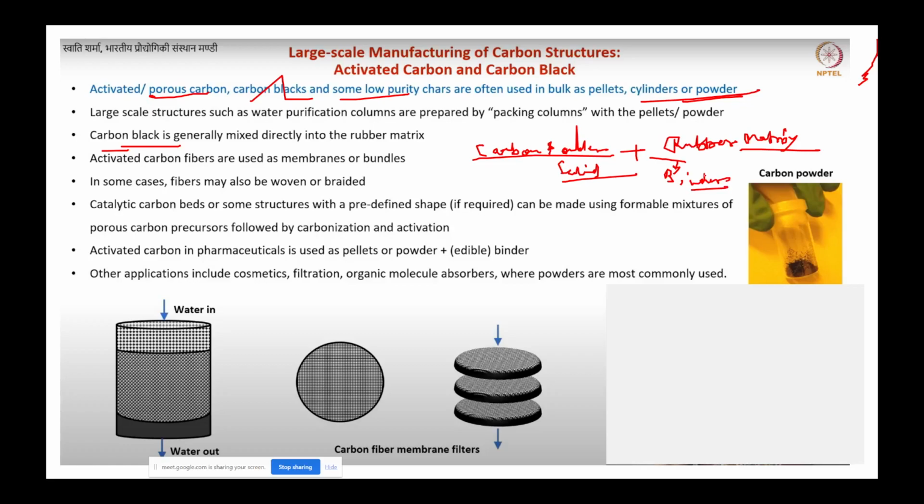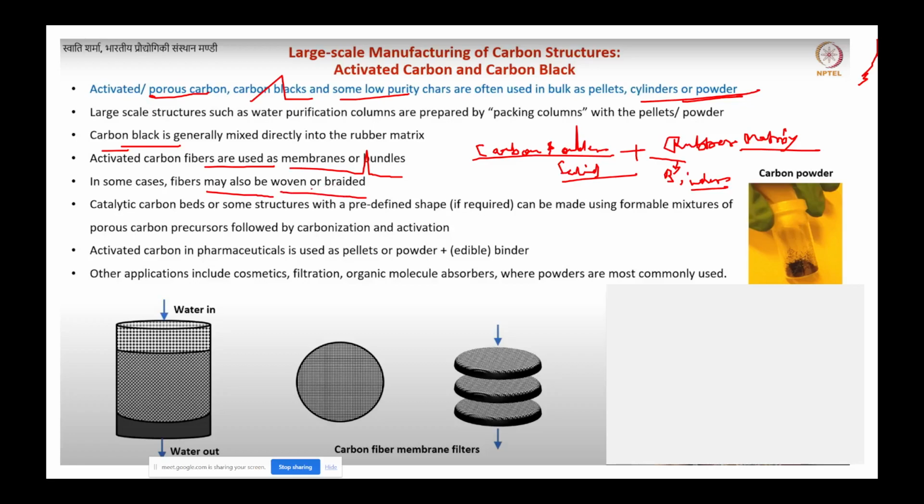Okay. So when you mix this, it will change the property. Now the activated carbon black fibers are used as membranes or bundles. Now, in some cases, what will happen? The fibers may also be braided or woven.